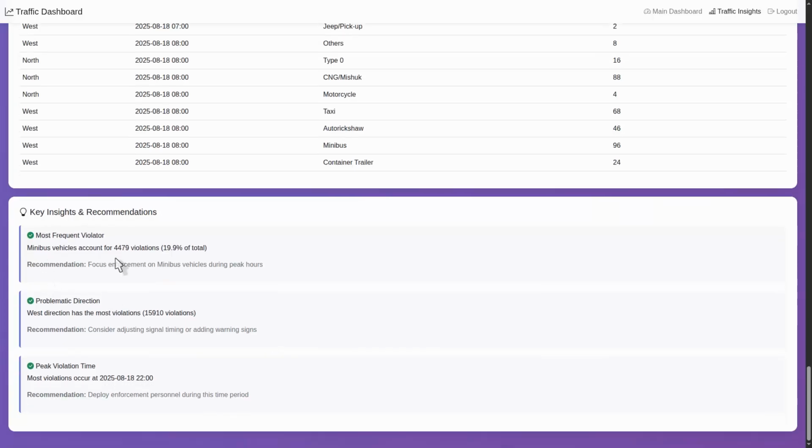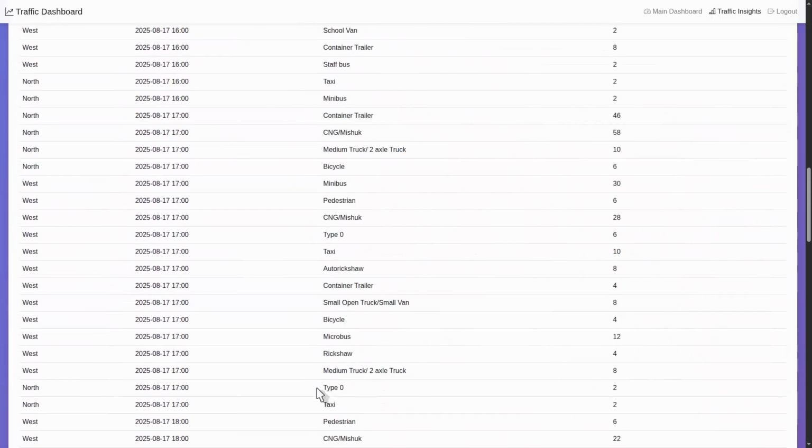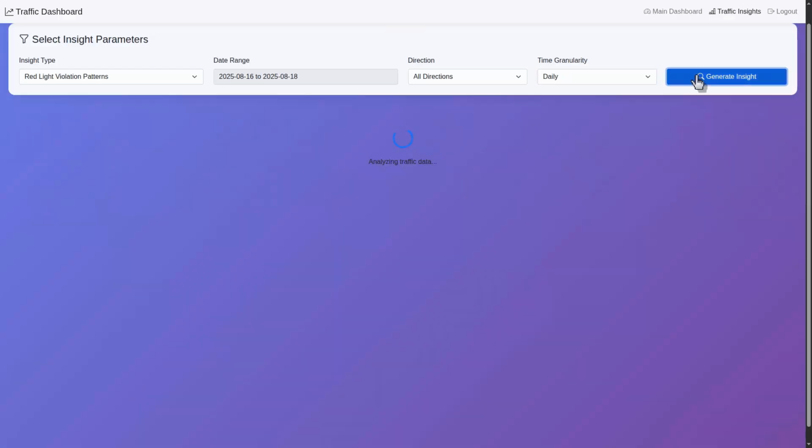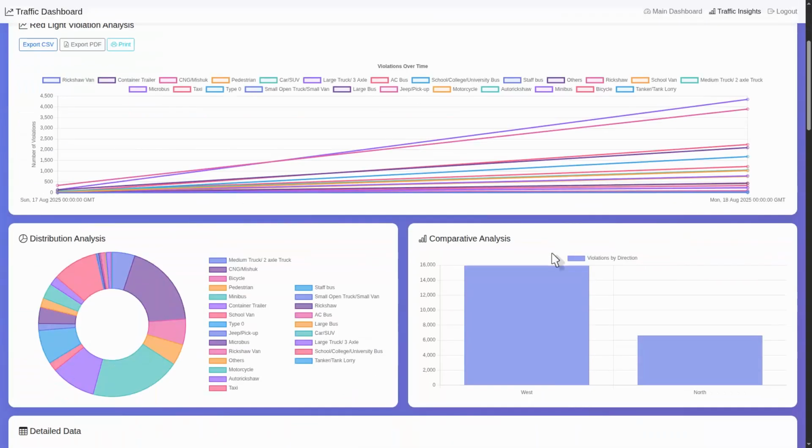We also see key insights and recommendations. For this, the most frequent violator is the minibus, the problematic direction is the west direction, and also the peak violation time is 22 hours within the date. So from the insight parameters, we can filter the date range, and we can see the granularity.